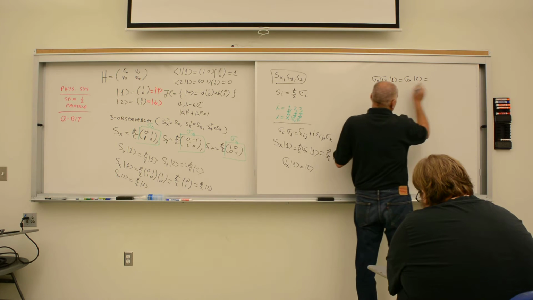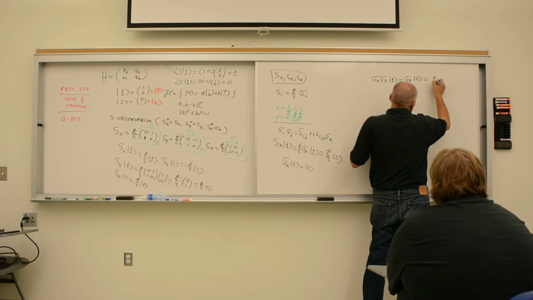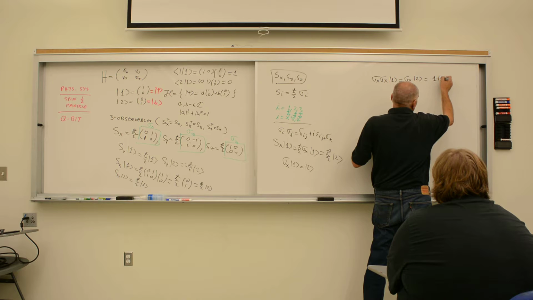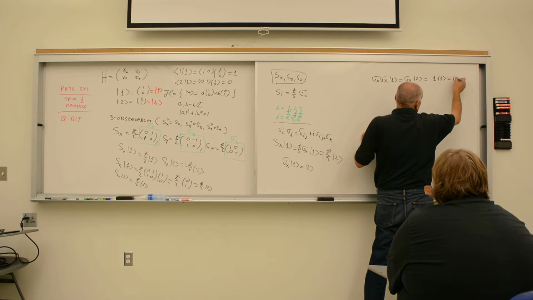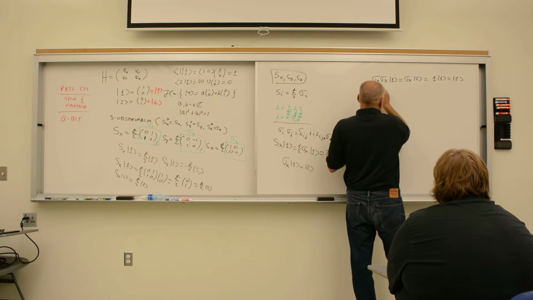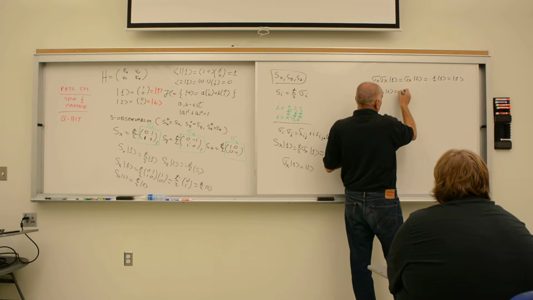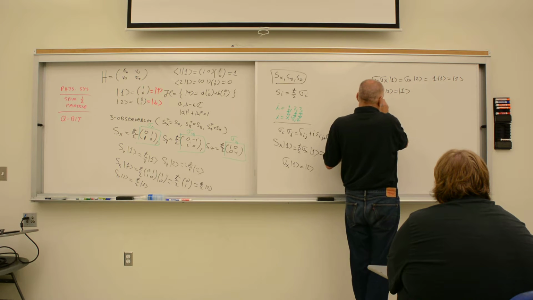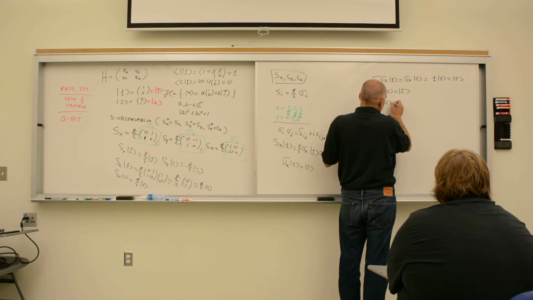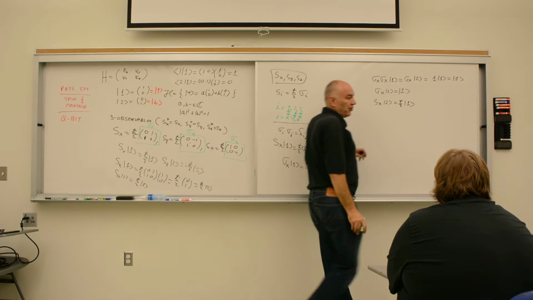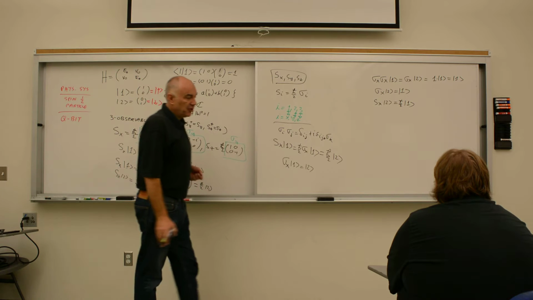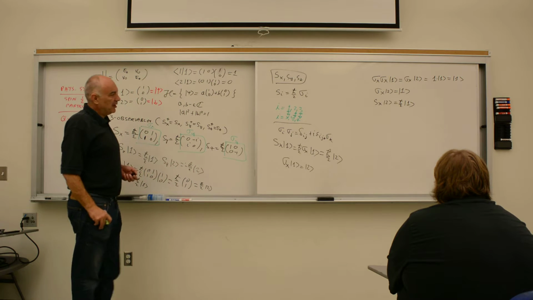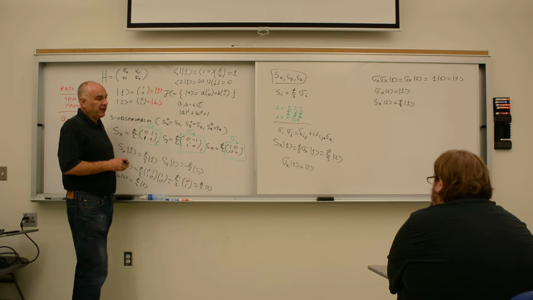But on this side, this is actually 1 times 1, which is 1. So you get that sigma x on 2 is 1, or Sx on 2 is h bar over 2. So it follows. You can do it also by direct computation, multiplying matrices. This is just another way of doing it.